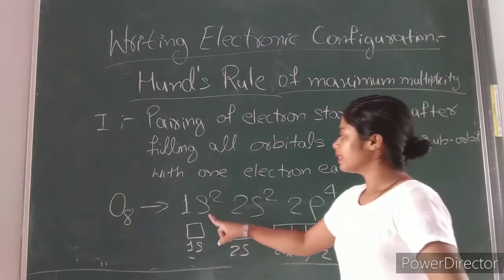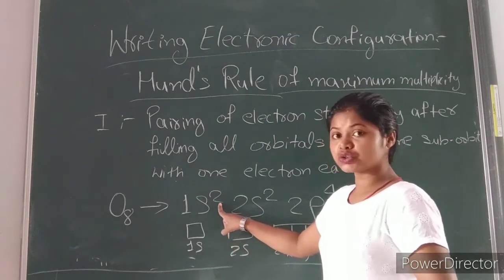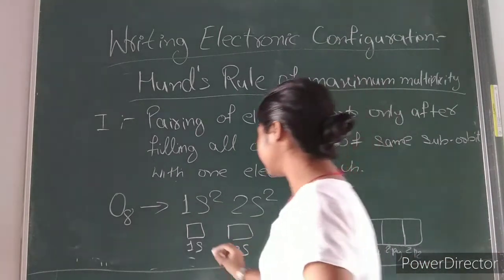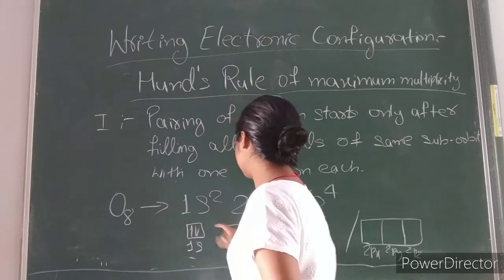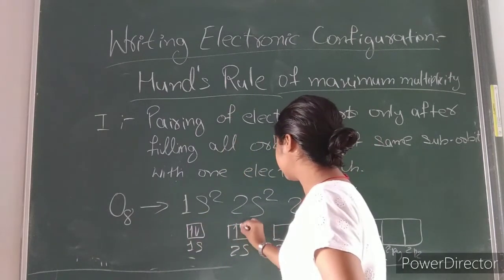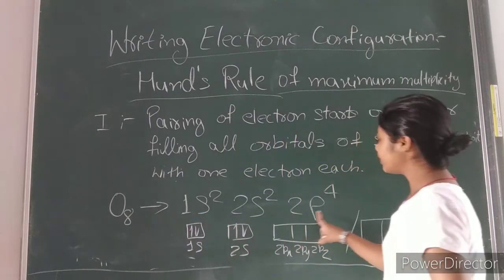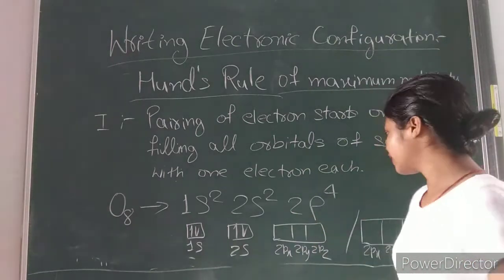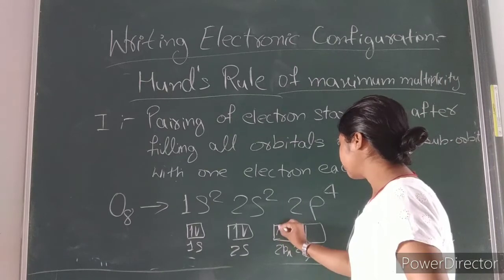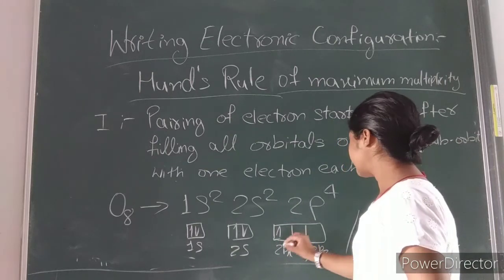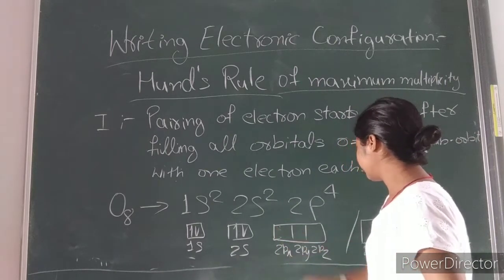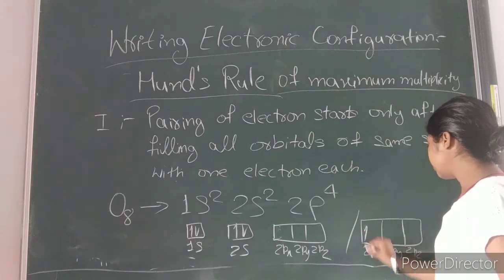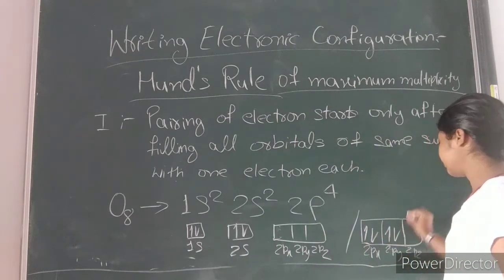Now, s has 2 electrons, so first of all we fill it with 2 electrons: 1, 2. Here also 2. Now, 2p4. There are 2 ways to fill this 2p orbit. First of all, we can fill like this: 1, 2, 3, 4.